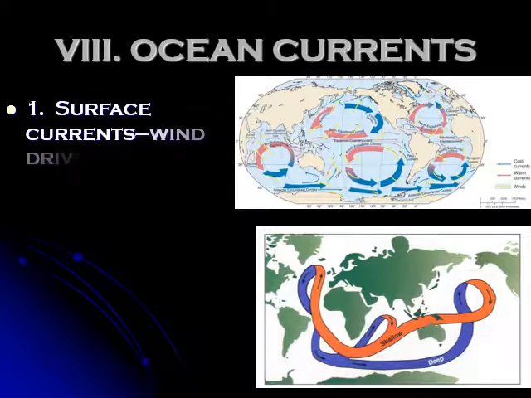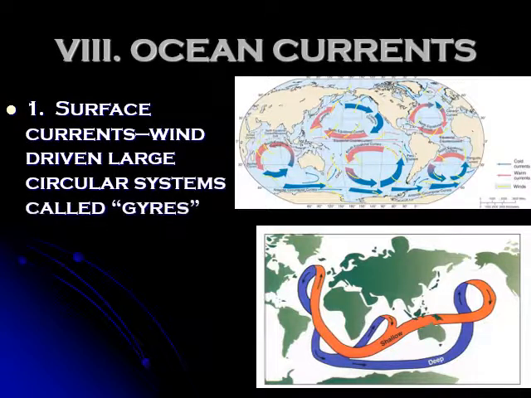Here are the surface currents. The surface currents are these wind-driven large circular currents, and these are called gyres. If you look at the map, you can see that there are these clockwise and counterclockwise currents. In the northern hemisphere, we have these predominant clockwise currents that carry the water. In the Atlantic, you see this giant circular current.